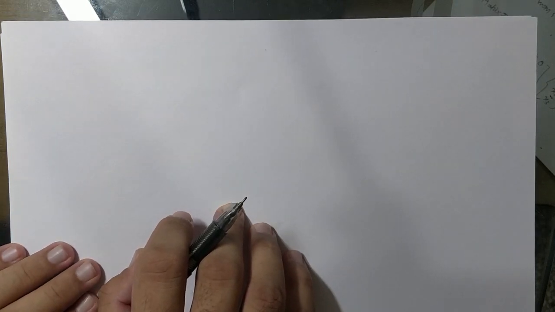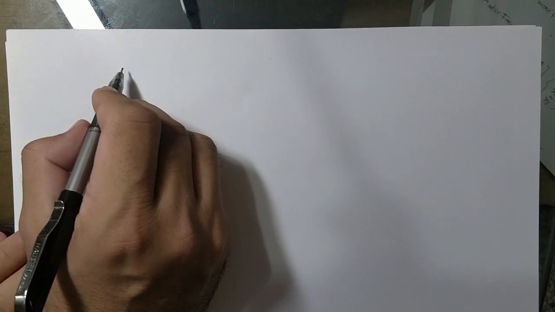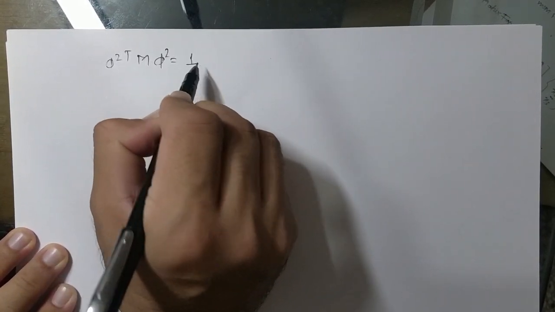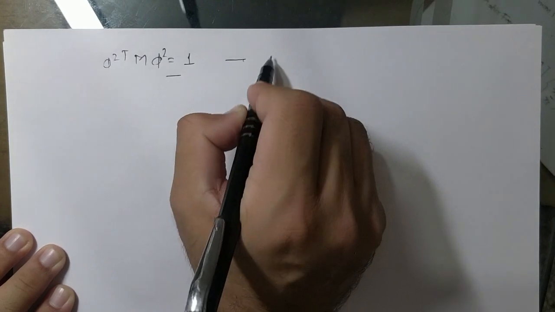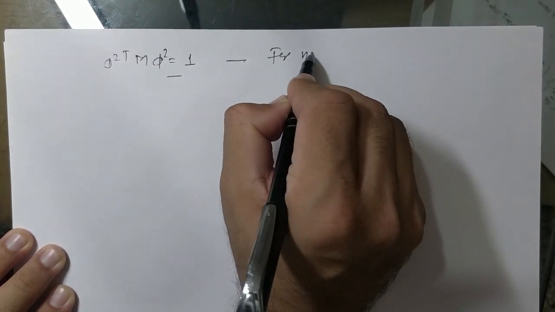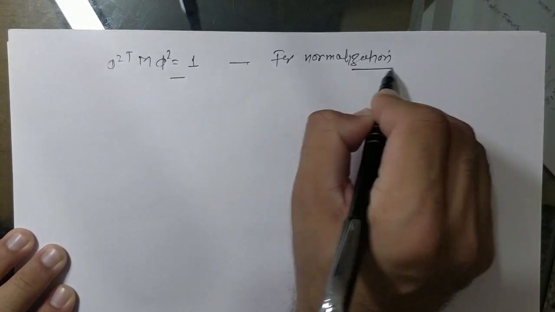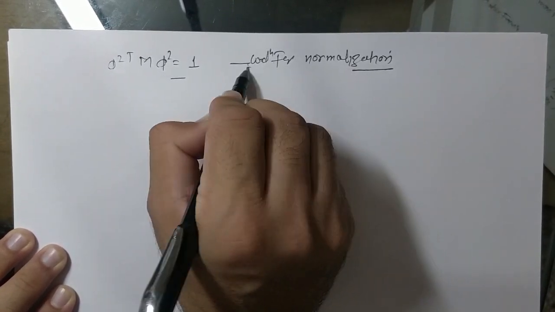For that, we'll apply the condition of normalization. So for the second mode we can write phi 2 transpose mass matrix phi 2 is equal to 1. This is the condition for normalization.